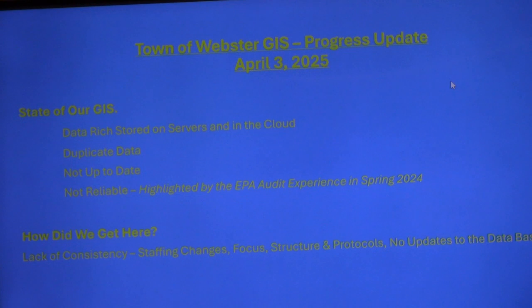This really became very apparent to Mark and I during our EPA audit, and one of the questions that the EPA asked us was, how many stormwater outfalls do you have? And we said confidently, 638. Is it close? And they looked at us and said, 638? That's a lot for a town your size. And we said, well, that's what we felt confident our GIS was telling us. And they said, one of the comments that came back is, you might want to check into that.